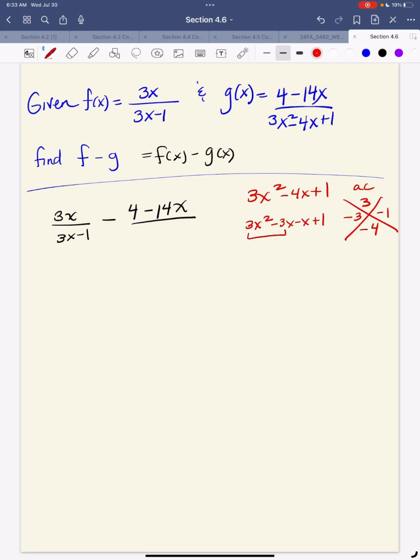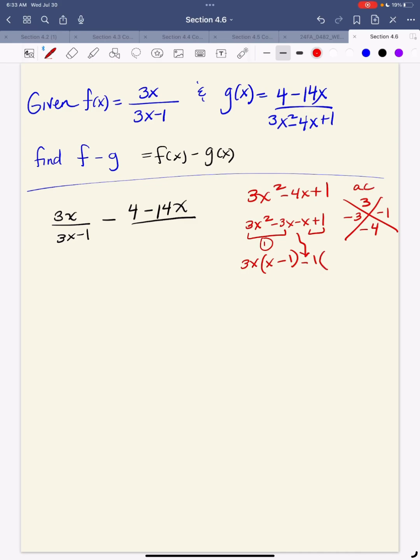And when I do, for group 1, I'll be able to pull out a 3. That is what's common there. Actually, 3x. Factor out a 3x. And then we're going to have to multiply by an x minus 1. Bring down my sign as minus. What's common with the second group is actually just 1.